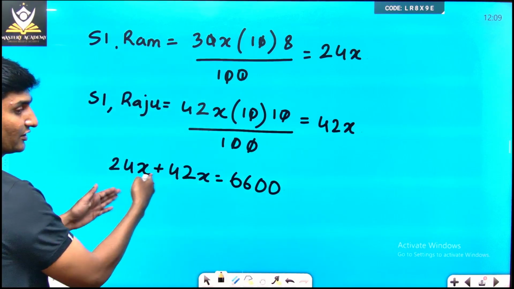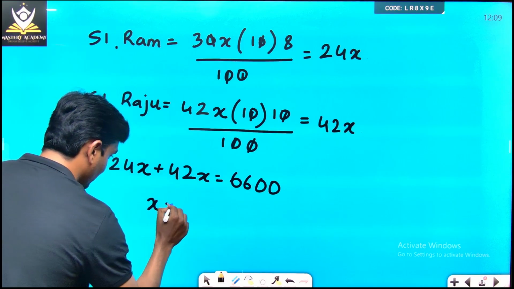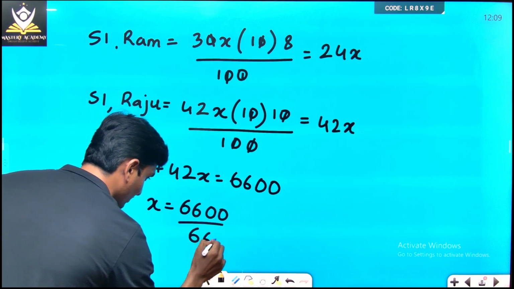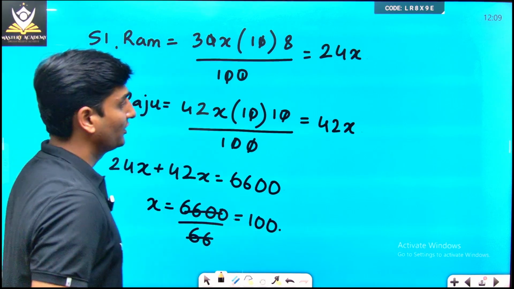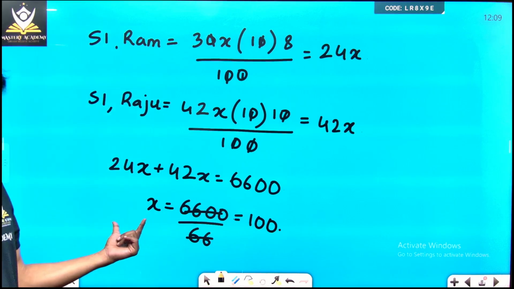The sum of interest, first interest, second interest, sum is 66x. So I will write directly 6600 divided by 66, that is nothing but 100. 100 is nothing but the value of x, guys, value of x.